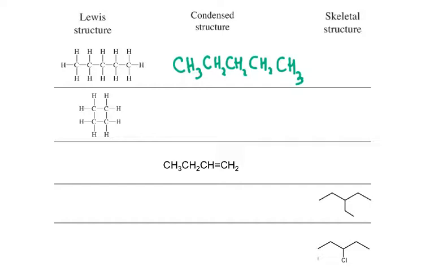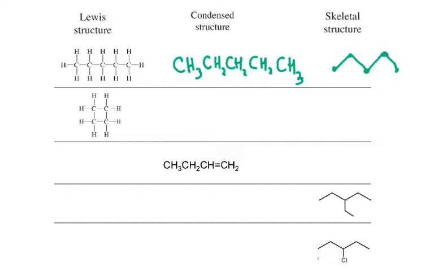The skeletal structure of this is also going to be simple. It's just going to be a zigzag line. Again, I like to draw a little ball as my placeholder for my carbons. So I've got 1, 2, 3, 4, 5. That would be pentane in skeletal structure.